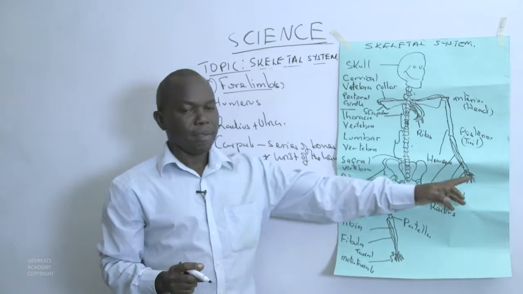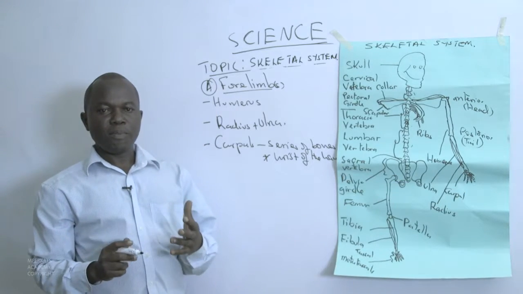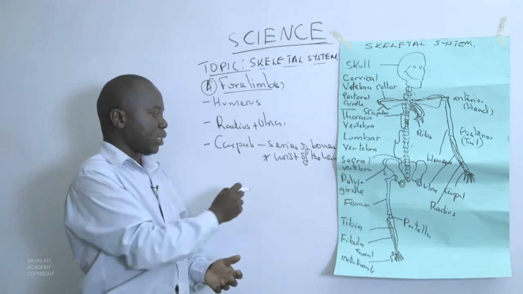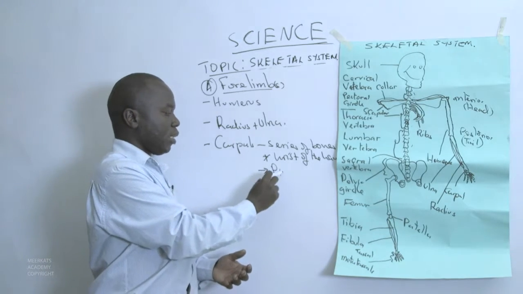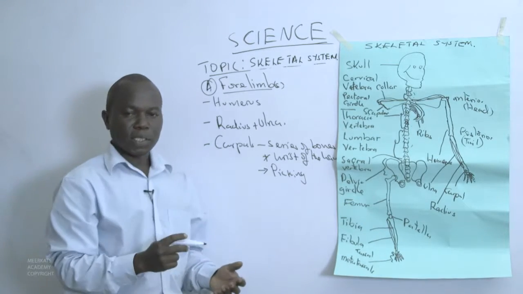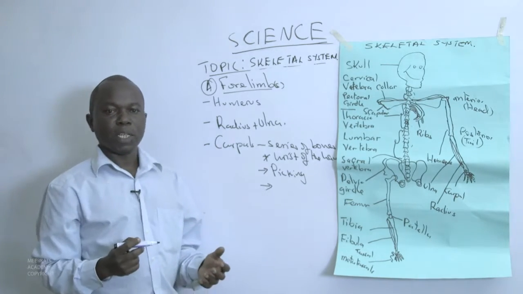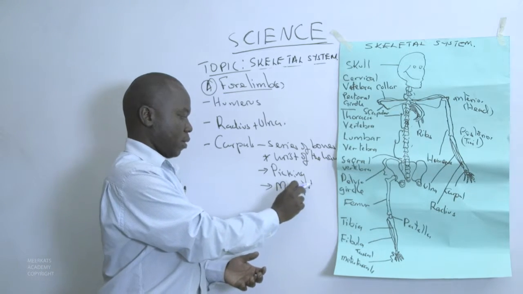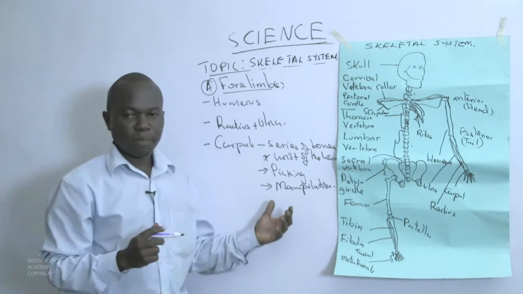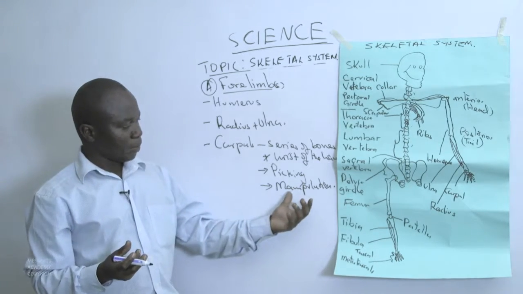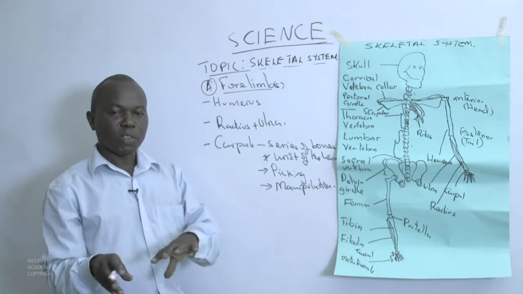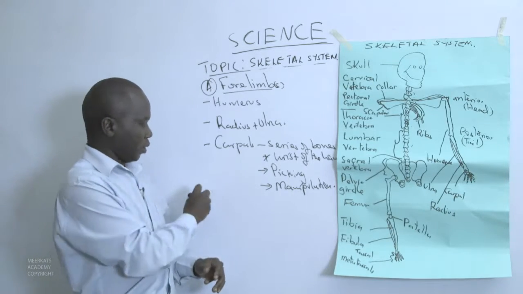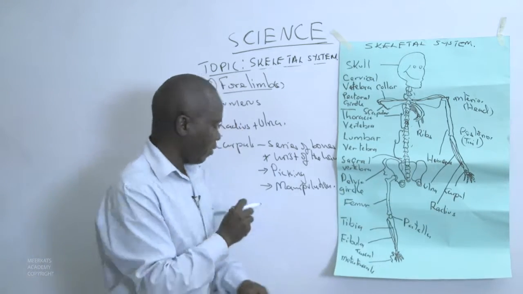They are important because they allow movement of the hand in several directions, so that the hand can be used in picking and in manipulation of tools. You can, for example, type because your hand is able to move up, down, and sideways because of the carpals.